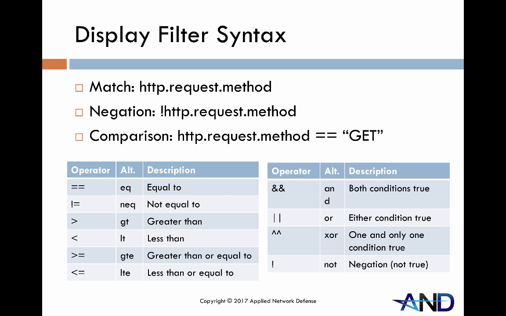So that's a very specific use case, but that is available. And of course, we have the negation operator, which we've talked about, which says not, or not true, if we want to match packets where something does not exist or is not true. So we have all these different operators we can work with. You'll see these as we go through a bunch of the examples moving forward.